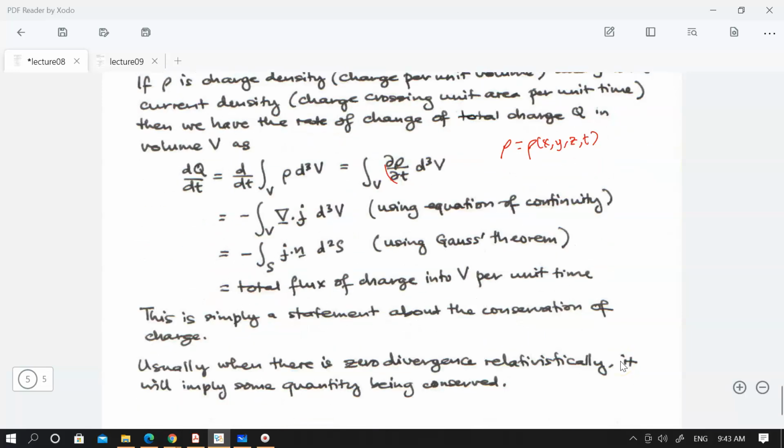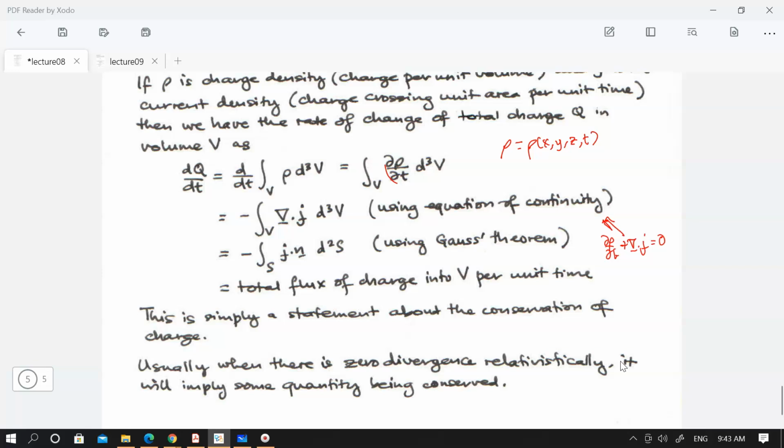You have the total flux of charge into V per unit time. So this is just a restatement. In other words, when we use that equation of continuity here, which is d rho dt plus del dot j equals 0, it is essentially just a restatement of that.